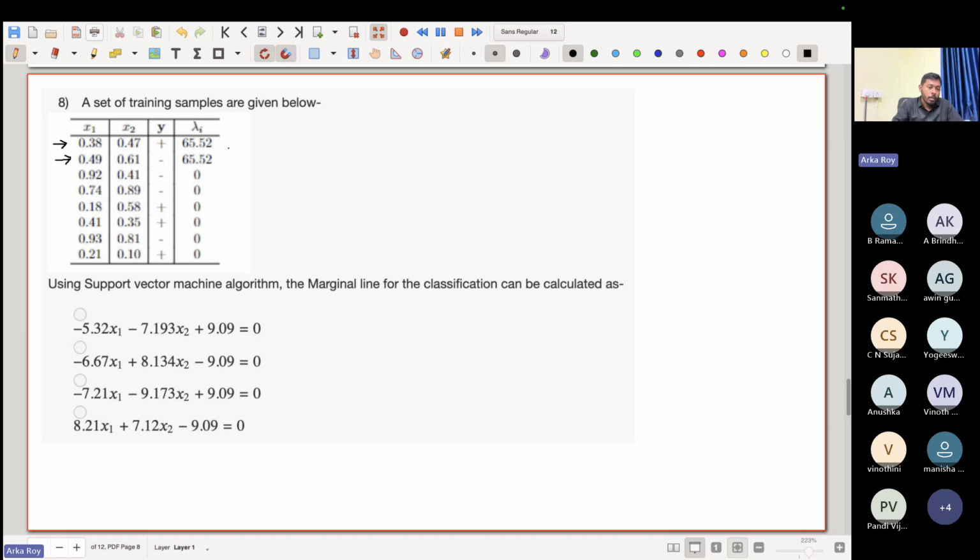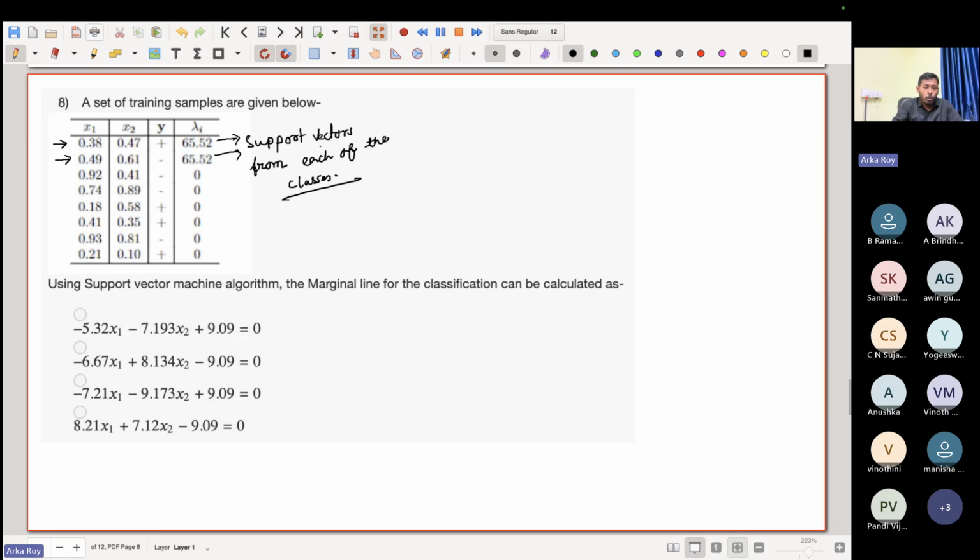So that means these two refer to the support vectors from each of the classes. In our case, we have positive class and negative class.